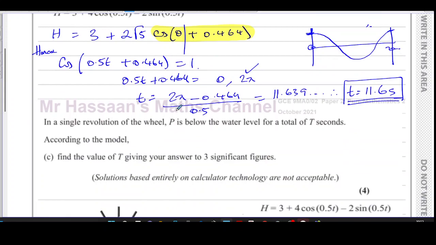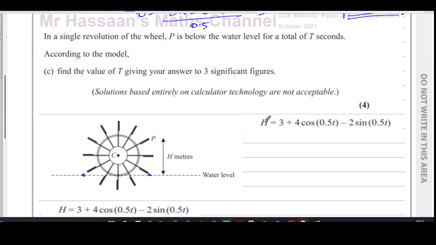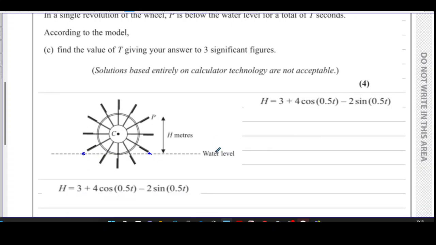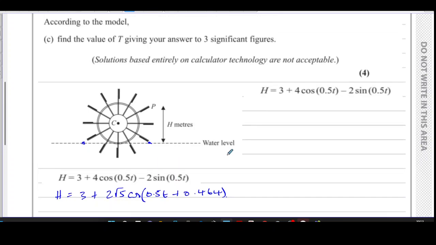Then it says, in a single revolution of the wheel, this is part C, P is below the water level for a total of t seconds. So we'll again use this. H equals 3 plus 2 root 5 times the cosine of 0.5t plus 0.464, the way that we rewrote it.